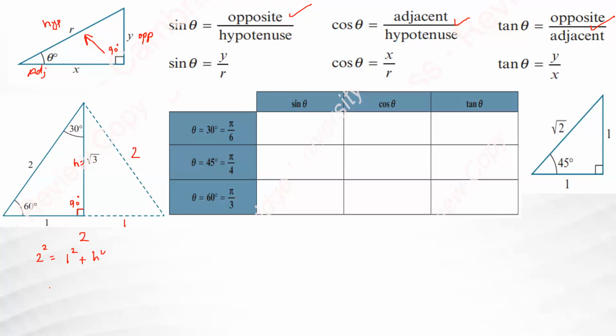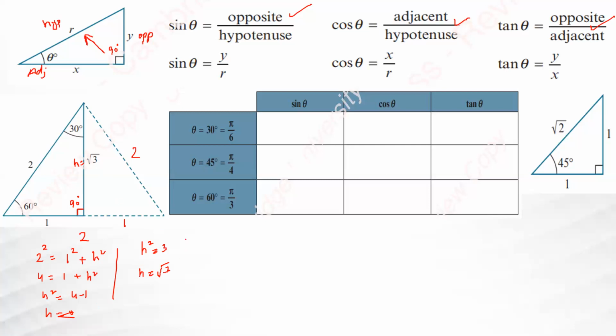Let's suppose we don't know the square root of 3. So 4 is equal to 1 plus h squared, and h squared is equal to 4 minus 1, which gives us 3. Now h squared is equal to 3 and h is equal to the square root of 3.